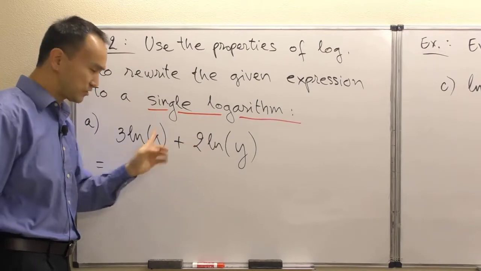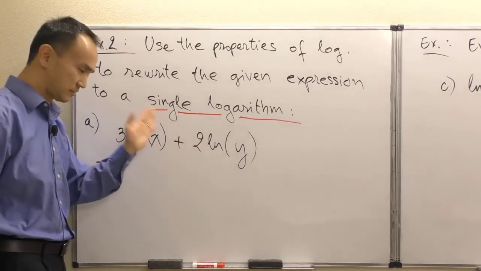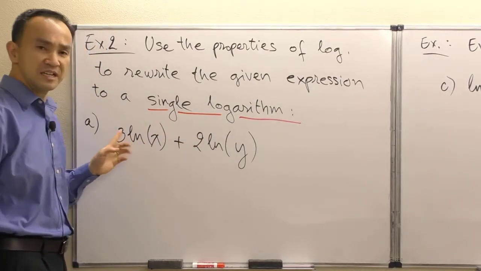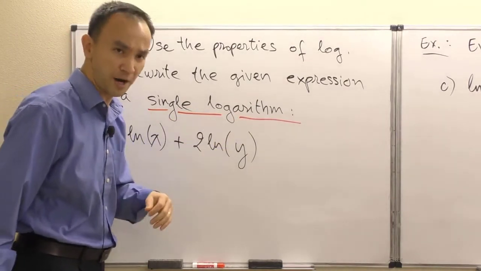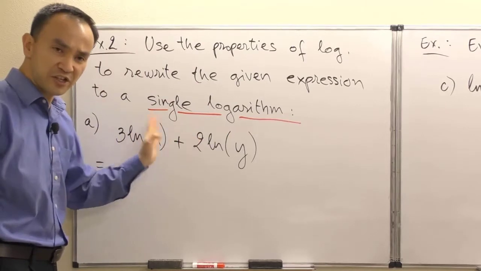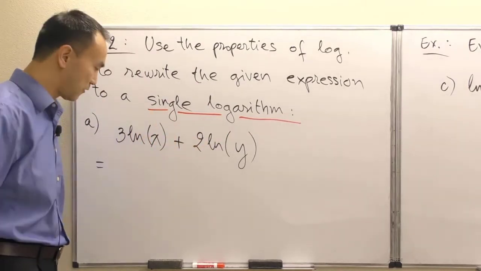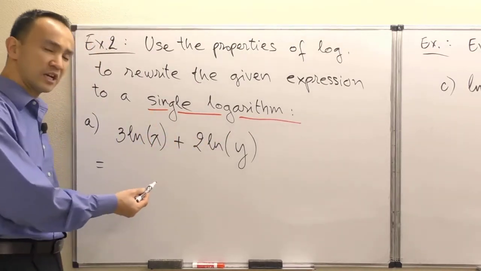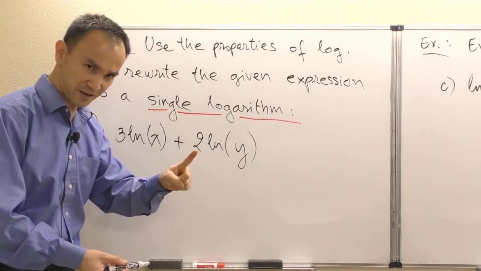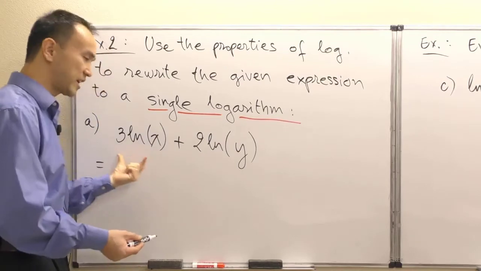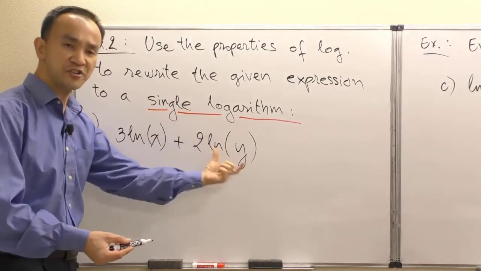Sometimes some terms have a coefficient and some other terms have no special coefficient other than just a 1. So here each term has its own coefficient already. So now the first step is indeed to take care of all the coefficients. I repeat, the first step is to take care of all the coefficients on each term.